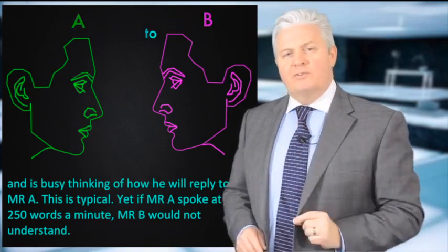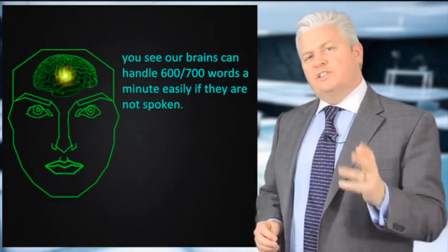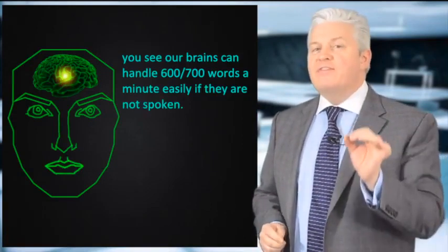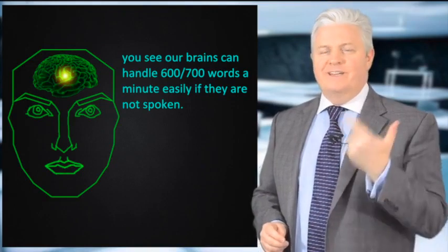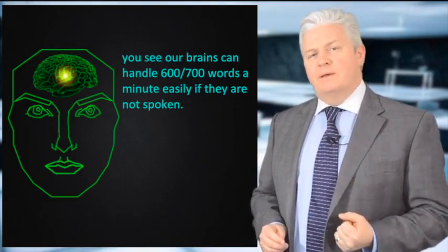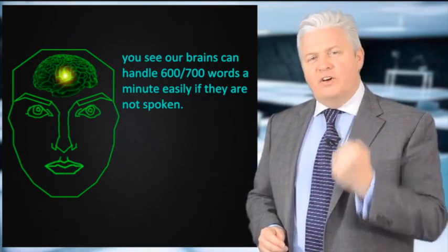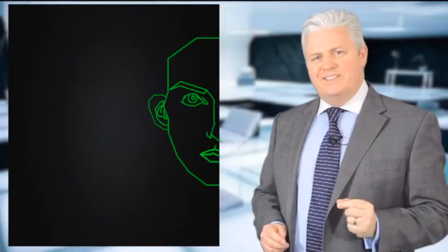I want to show you a couple of diagrams that will help this. Our brains could handle 600 to 700 words a minute if they weren't spoken words. We read faster than we speak. We think faster than we speak. The issue is we have an interface, our ears.